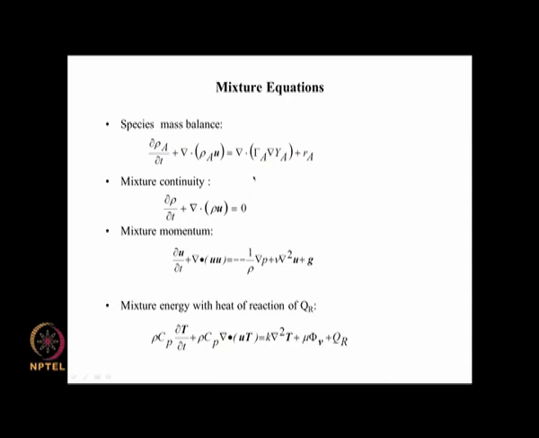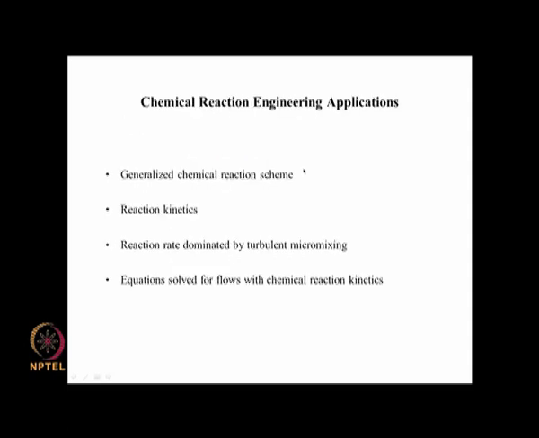This is done through the introduction of a new variable, which is the mass fraction of the species, and the number of additional equations depends on the number of species present. If there are ns species, the number of additional equations that come up is ns minus 1, because we already have the continuity equation accounted for, and then we also have this Q_R here. Now, we still need to specify what this rate of reaction is.